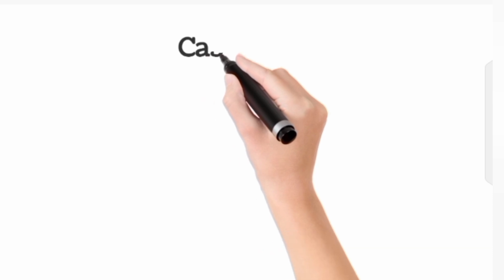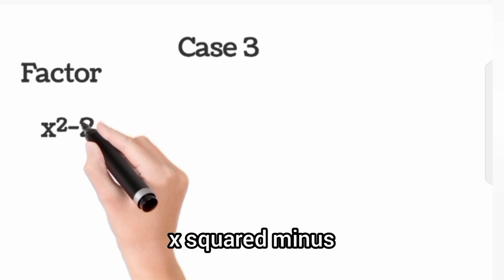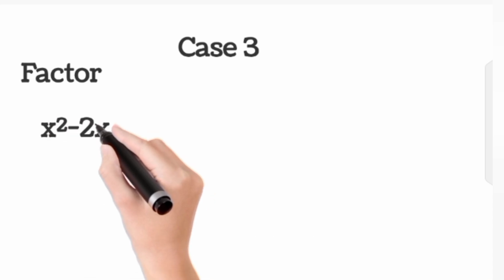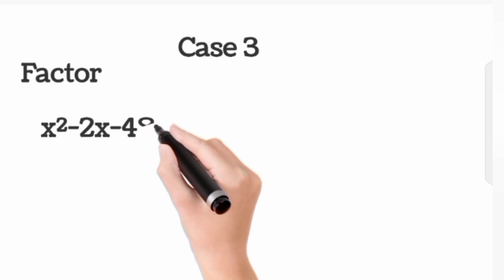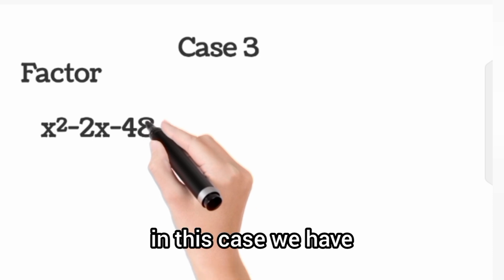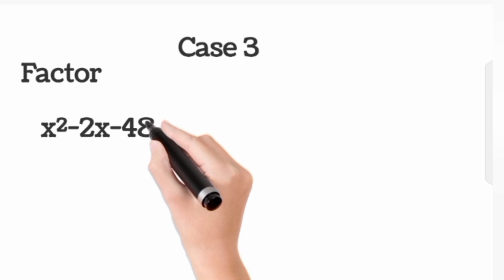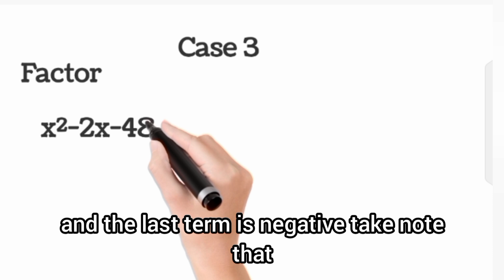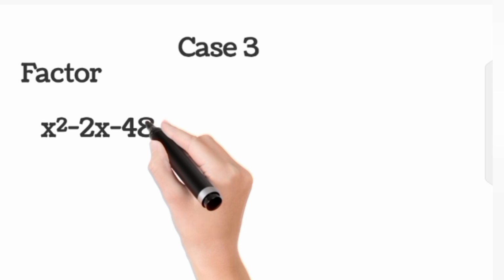Case number 3, we have factor x² minus 2x minus 48. In this case, we have the middle term a negative and the last term is negative. Take note that the middle term is 2.